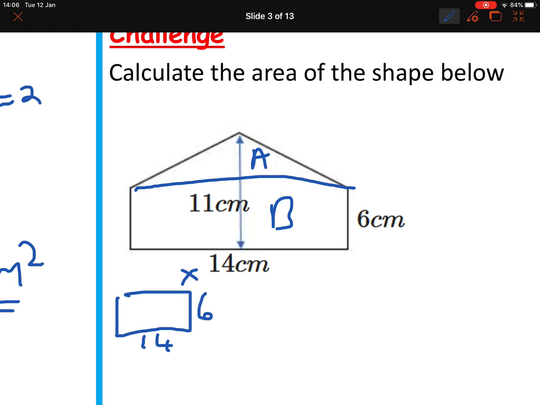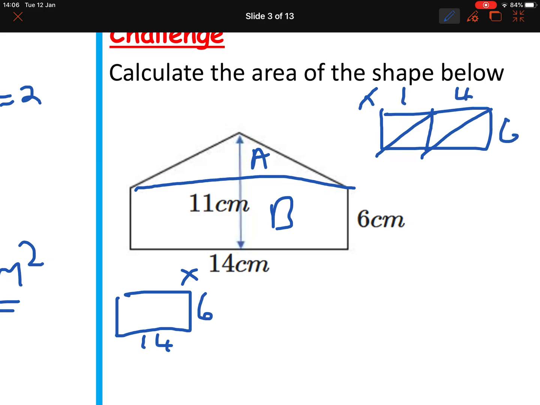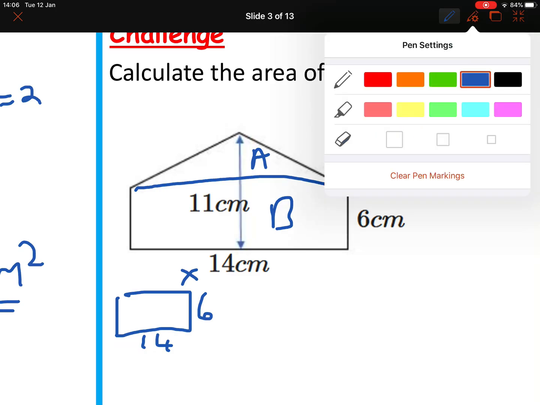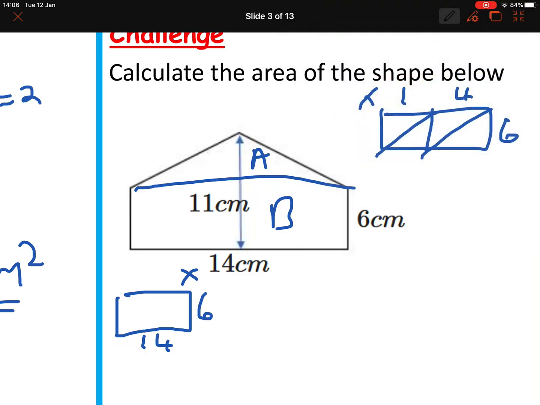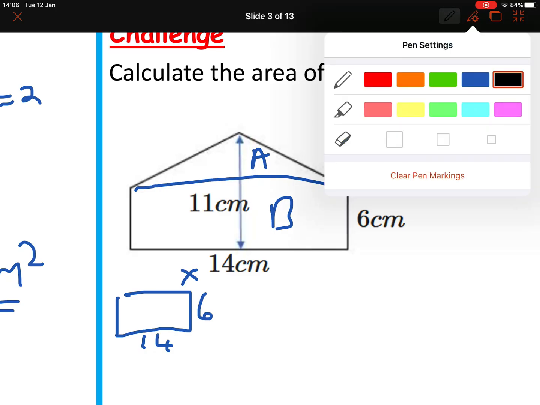Now, some of you might be able to do 14 times 6 in your head, but let's just use the Chinese method, all right? I'll do that somewhere up here. So, put your times there. That goes across like that.